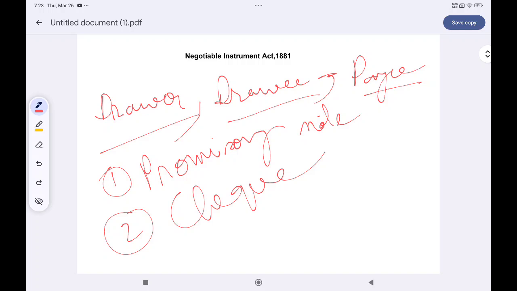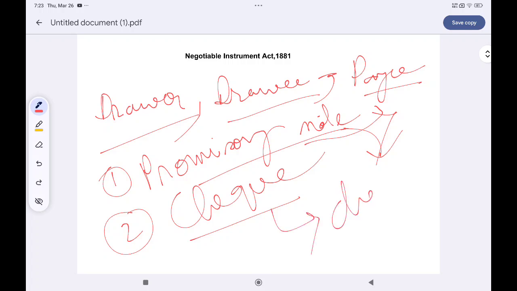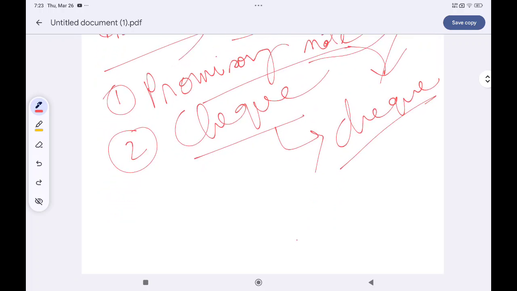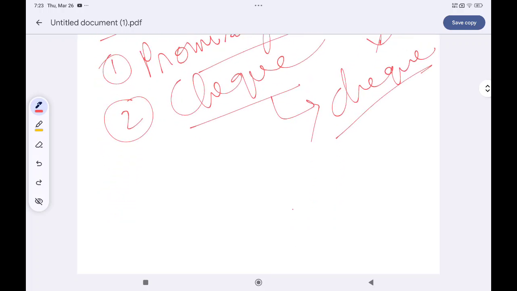We may not have heard about the promissory note, but I believe we have heard a lot about the cheque. A cheque is what we use to withdraw money from a bank. I think most of you have seen a cheque, or if you have not seen one till now, I believe one day you will.